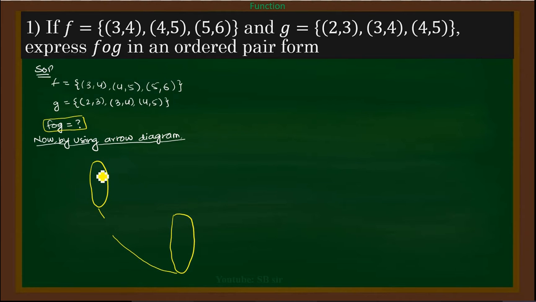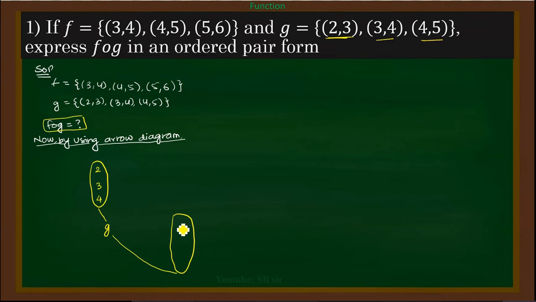This will be function g. So g will be written here. The first elements of g are 2, 3, and 4. Remember that you have to write the elements without repeating.